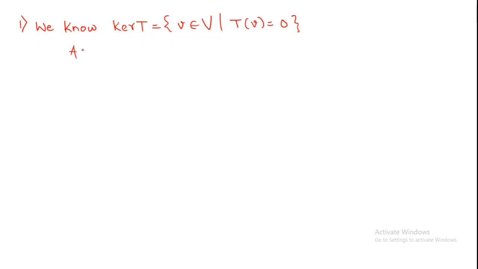So I will write it here: T is a linear transformation. Okay, therefore what is T of 0V? T of 0V is equal to 0 of W. If you want I will write 0 of W over here also. Fine.